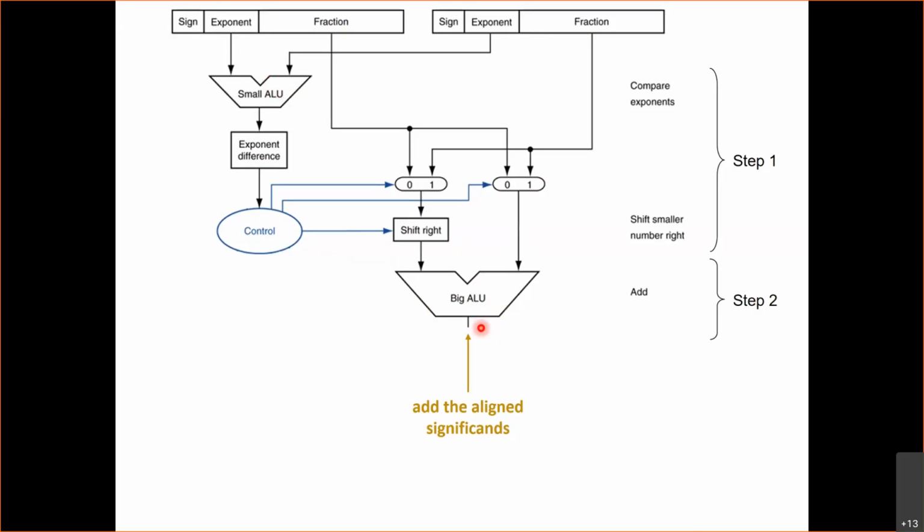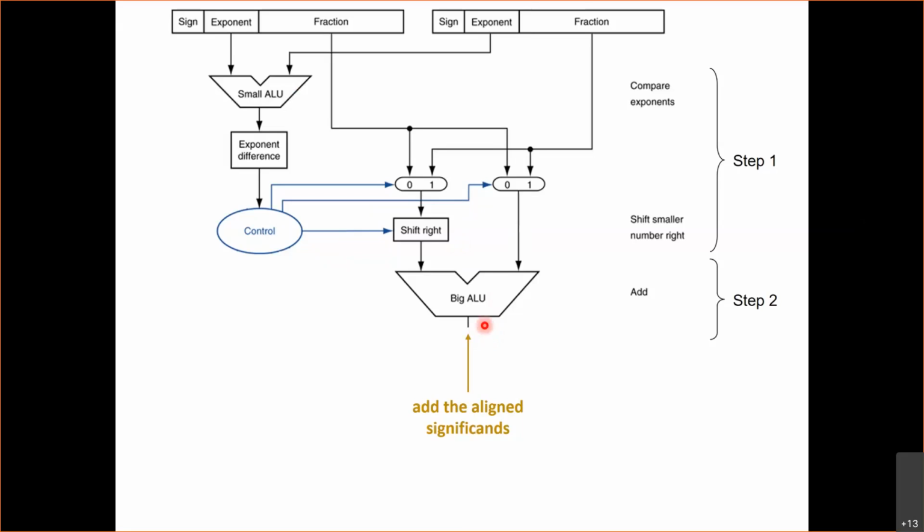So after I add the fraction, now I have the sum. What's the exponent going to be? It's going to be the same as the number with the bigger exponent.